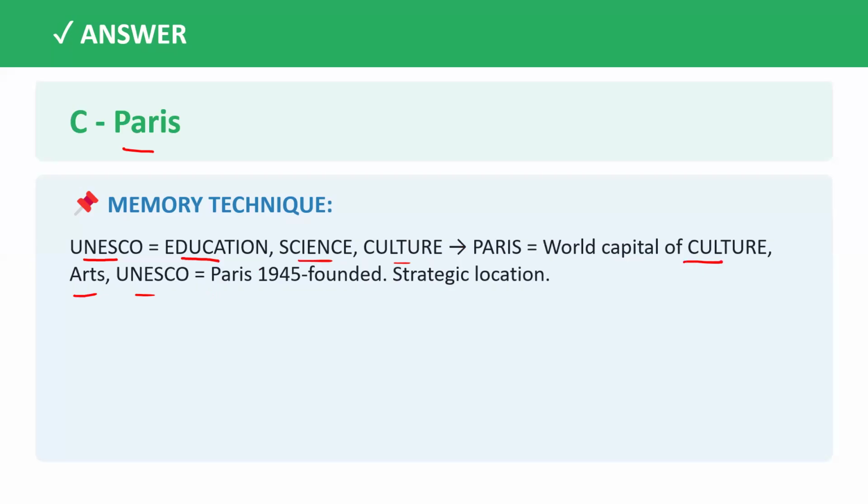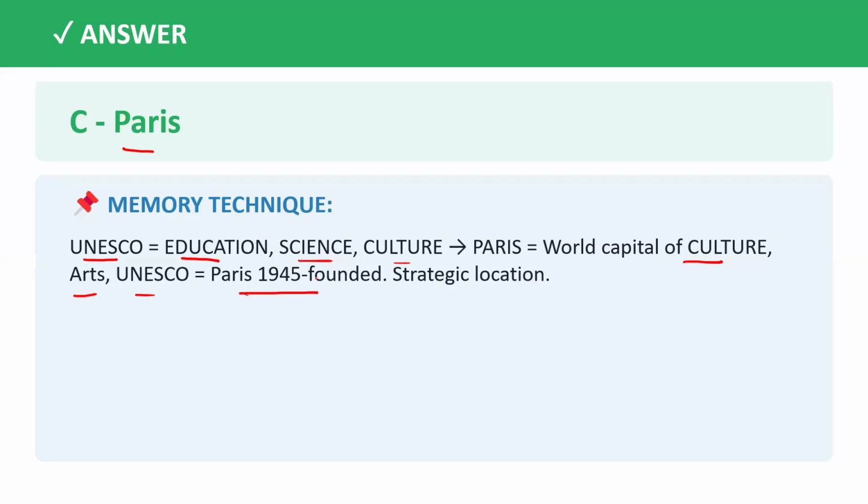Paris is also known for its romance, for its Eiffel Tower. So of course people do come there for education, then get involved in romance, many things can happen, right? So in that way you can associate UNESCO as located in Paris, because UNESCO deals with education, science and culture. It was founded in 1945.